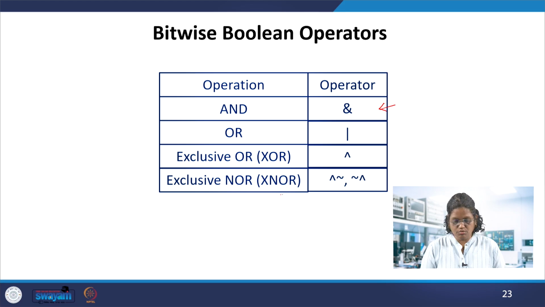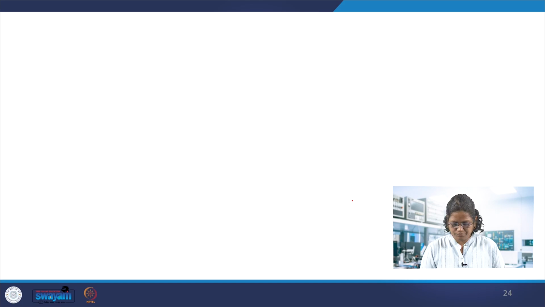Exclusive NOR is cap with tilde or tilde cap, both are acceptable; the tilde can be before or after the cap. And NOT is tilde. So these operators are bitwise.